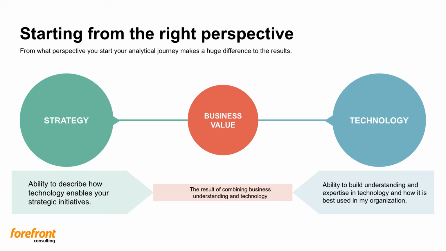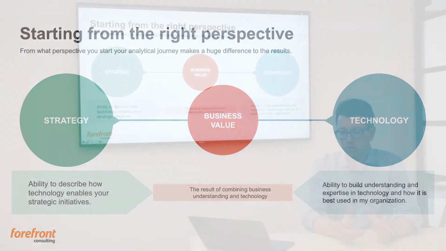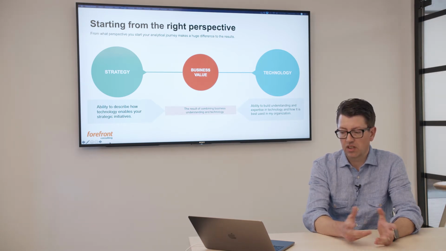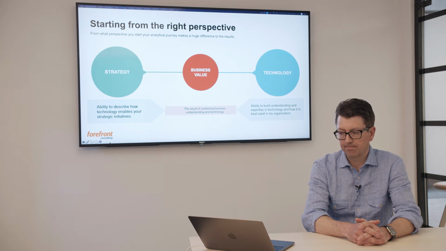But what's really important is that you also understand what strategy you would like to accomplish, what business model, and what solution you would like to build. So when you combine these 3 things together, the right perspective is to describe what technology enables the strategic initiatives. That is the main thing, so you can gain the business value from that.